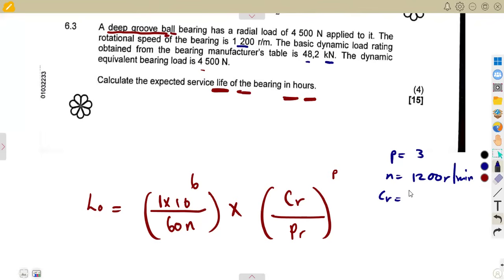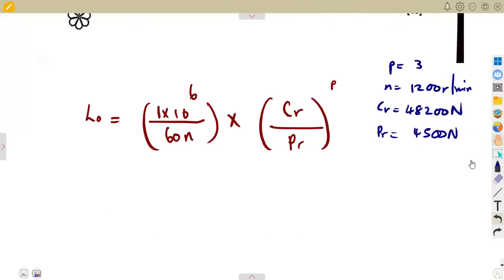If you multiply by 1,000, it is going to be 48,200, which is in Newton. Then the dynamic equivalent bearing load, our PR, is 4,500. Take note of the units, you are supposed to have the same units there. So they wanted to test you on that kilonewton there. So that's everything we have, and I said for deep groove, p is going to be 3.